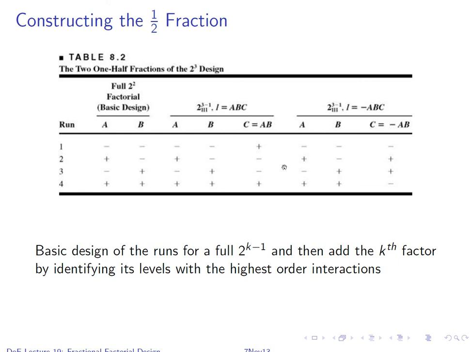In the alternate fraction, that is the last three rows that you see we're underlining right here, I use the defining relation, a negative AB.